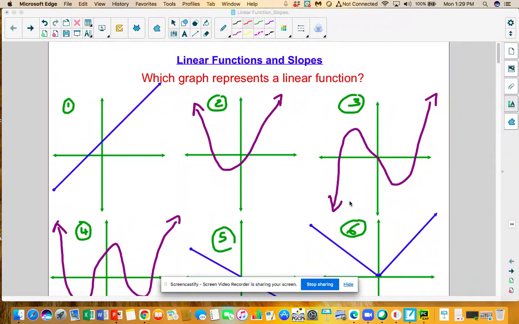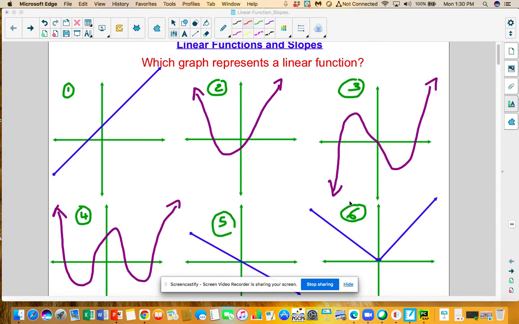Good morning, students. We are going to talk about linear functions and the slope. The graph of a linear function is a line. So take a minute and try to identify which one of these graphs or functions represent a linear function.